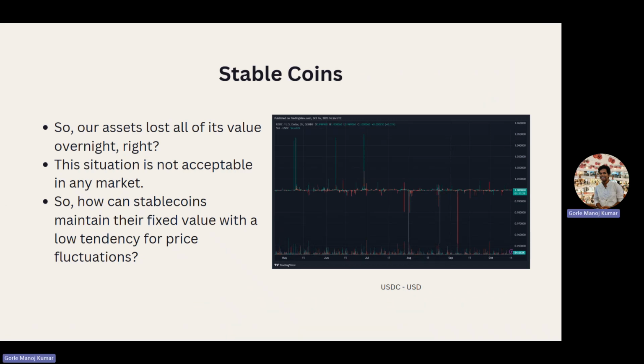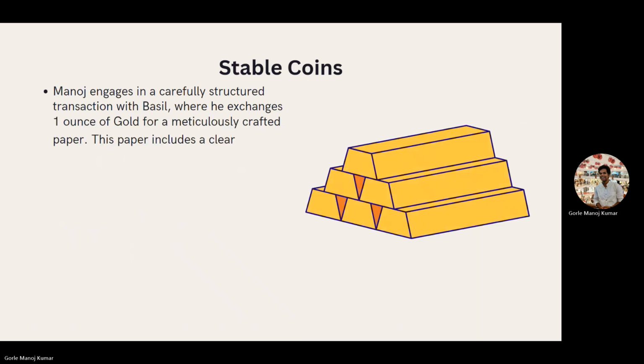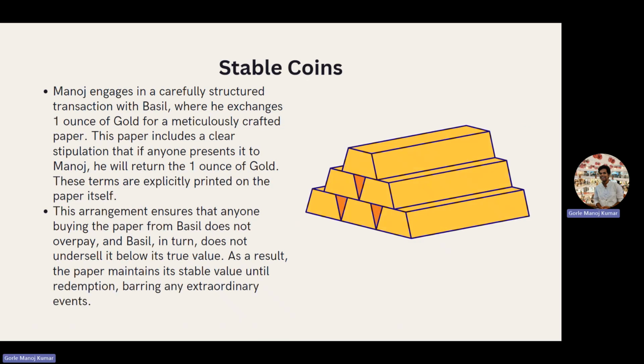Okay. So now let's get into how stable coins function with a simple example. I'm Manoj and I gave a slip which has some conditions written on it, like Basil is giving me 1 ounce. Whoever gives me back that slip, I'll give them 1 ounce of gold back.